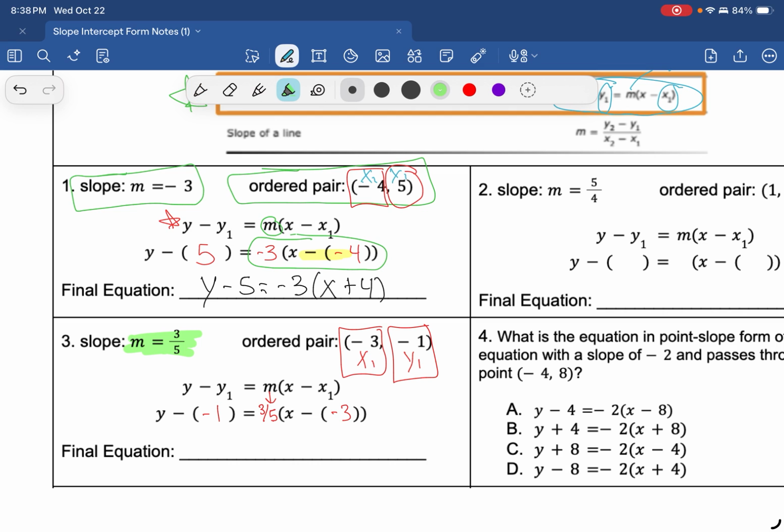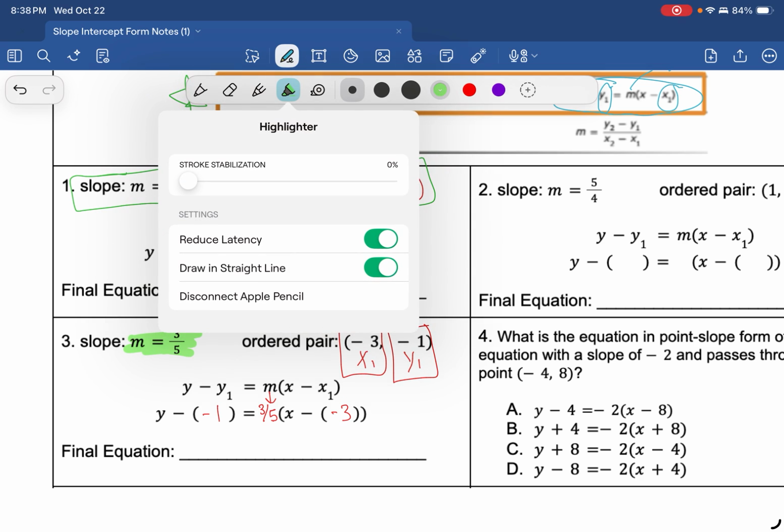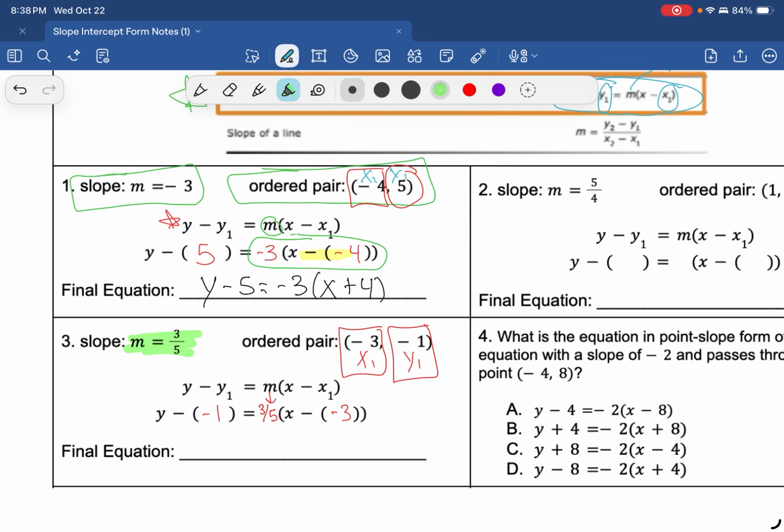Whoa, here I have a ton of negatives. I'm going to make sure that we pay attention to all of these double negatives. Those turn into positives. So when I rewrite my equation, it will be y plus 1 equals 3/5 times x plus 3.